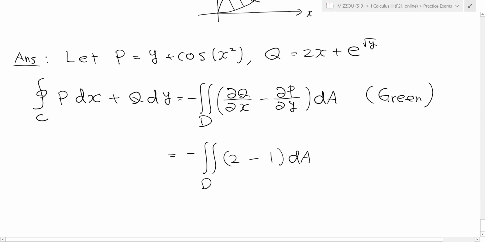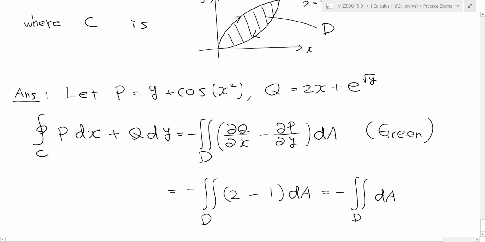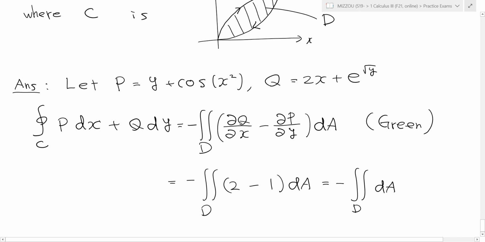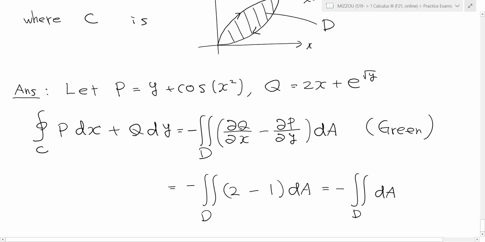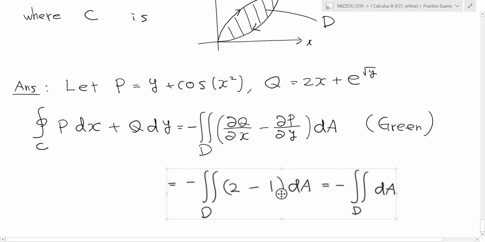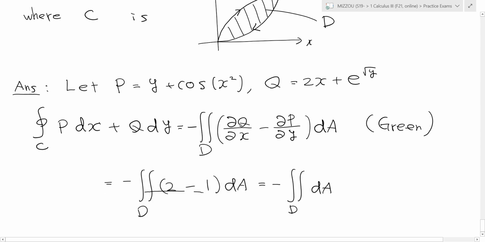Okay, so then this is equal to negative double integral over D of dA. And so this is just the area of this shaded region. So you could compute it even with calculus 1. But let's just do it with a double integral, just as an exercise.